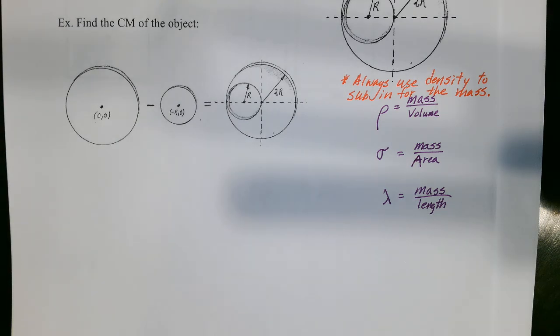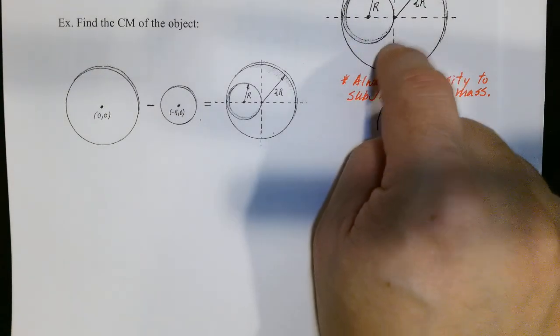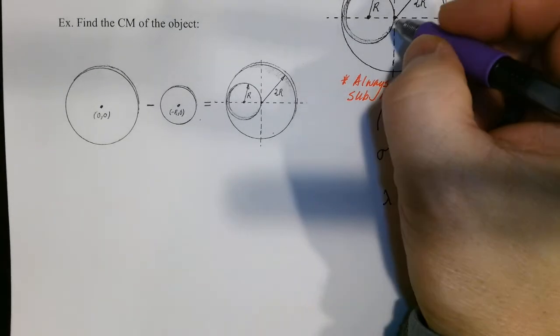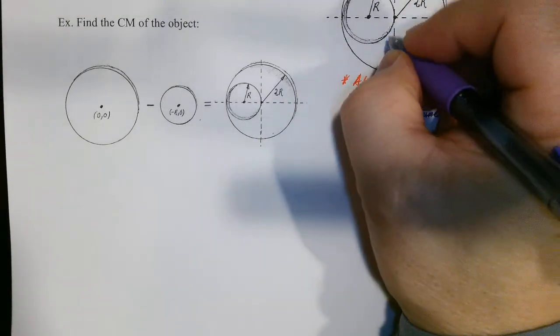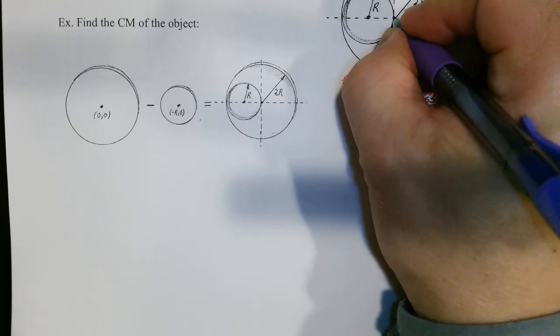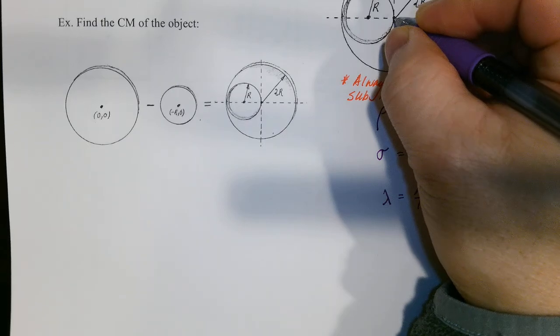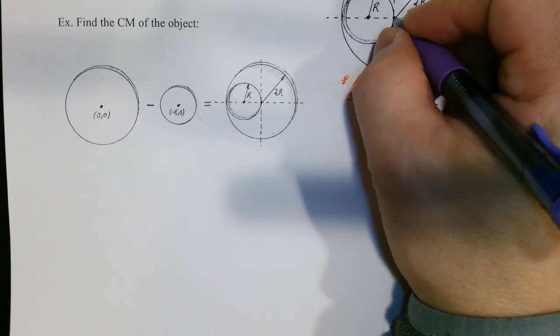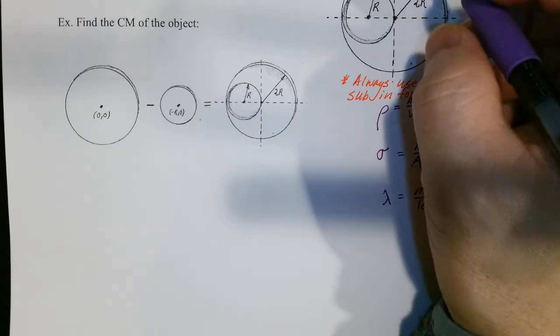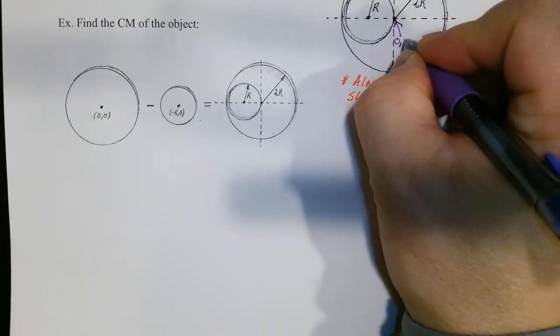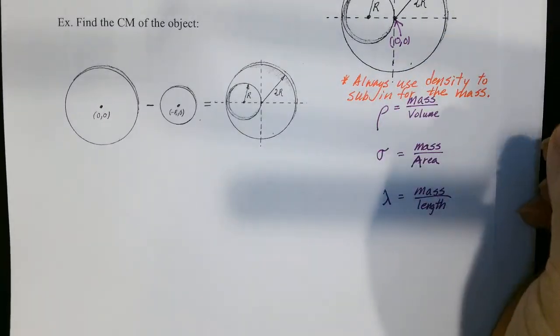So if we look at where we're going to place the center of mass for this particular object, in the example I'm going to put the reference point here at 0, 0 as our origin.